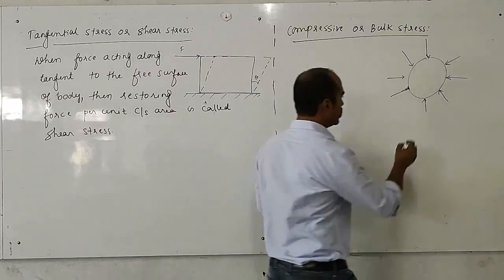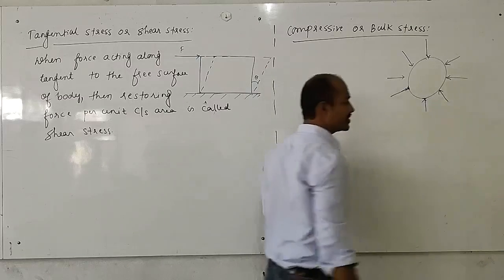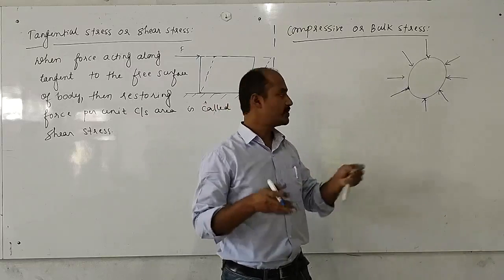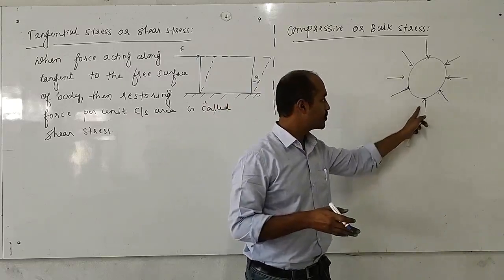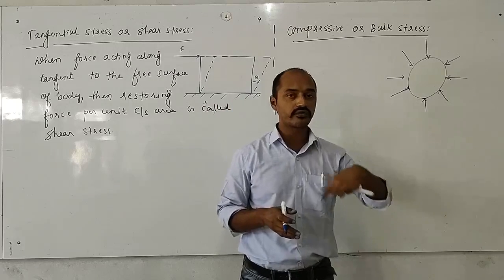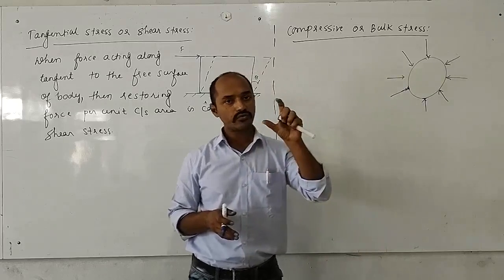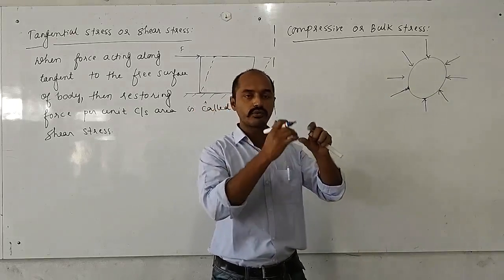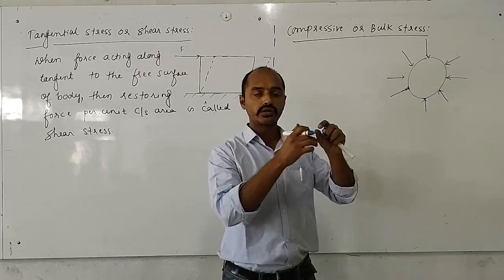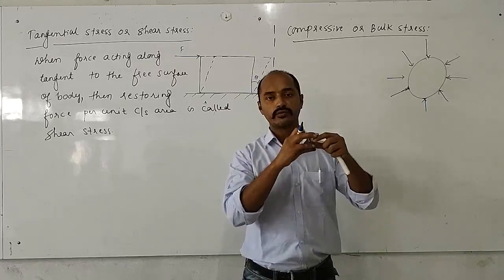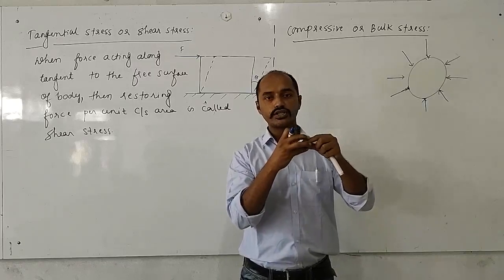If it is acting here, it should be perpendicular to this. Or you can say these forces must be normal to the surface. All the forces must be normal to the surface, and all the forces are acting in all the directions of the body, right? Everywhere, and these forces are equal in magnitude, right? So all are compressive in nature, right?